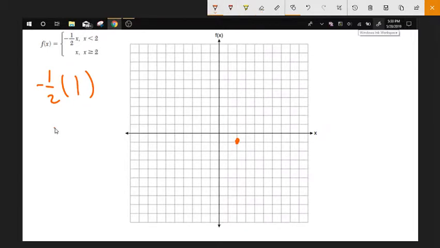Then we put in 1 and it should be negative 1 out of 2. And so that's right here at x is equal to 1 and y, or f of x, is equal to negative half.